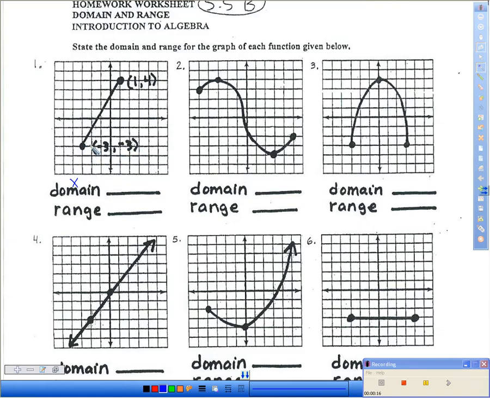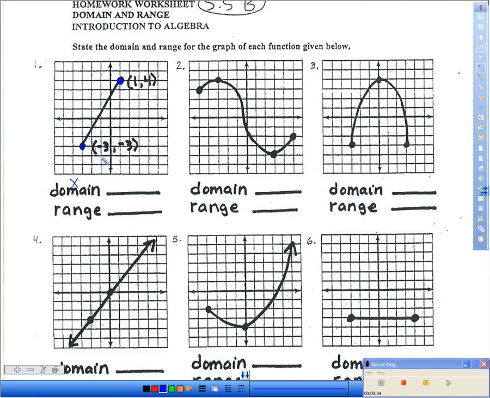Well, on number 1 it looks like the farthest most point to the left is (-3, -3), and the farthest most point to the right is (1, 4). So the domain really stretches all the way from -3 over to +1.